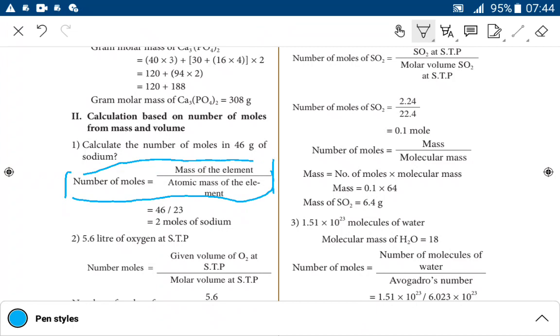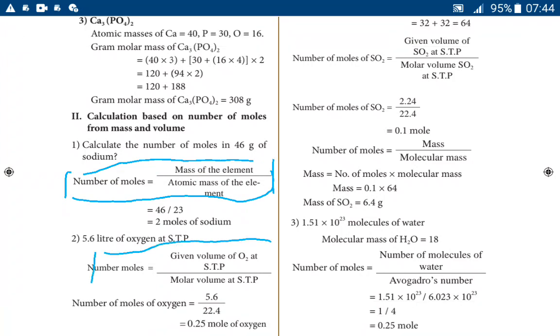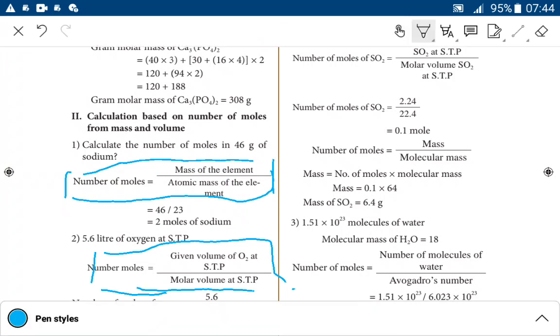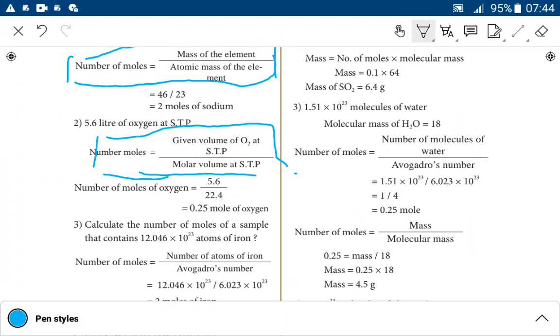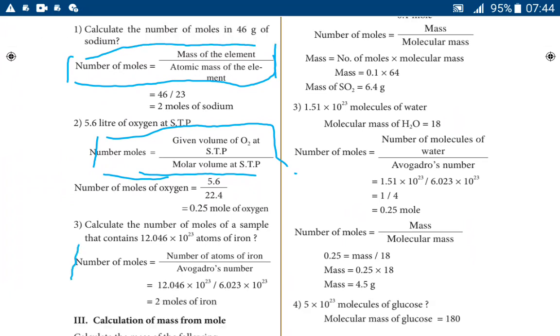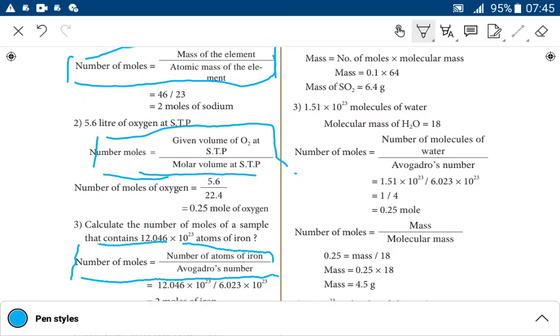And when volume is given, this formula can be used: number of moles is equal to given volume by molar volume. Then when number of atoms is given, you can use number of moles equal to number of atoms by Avogadro number.